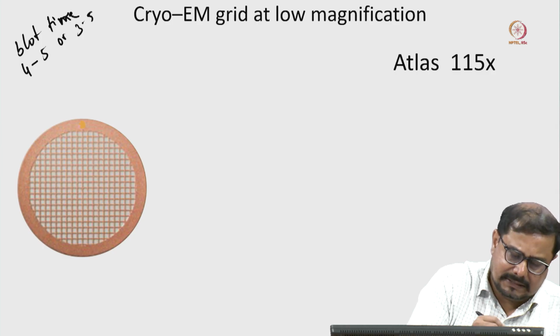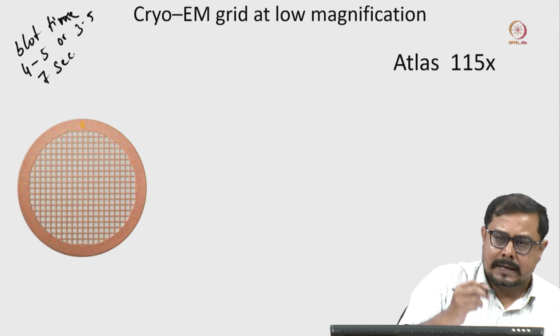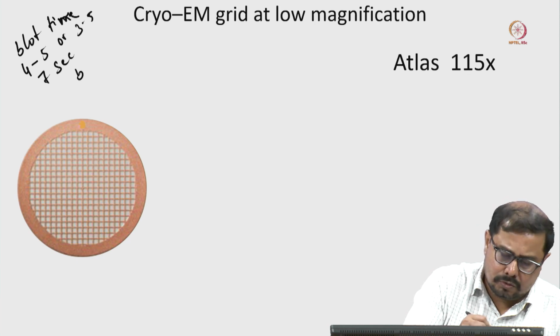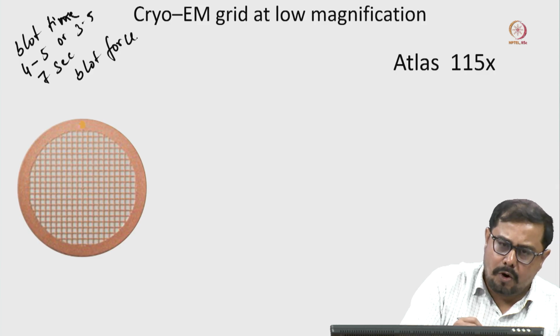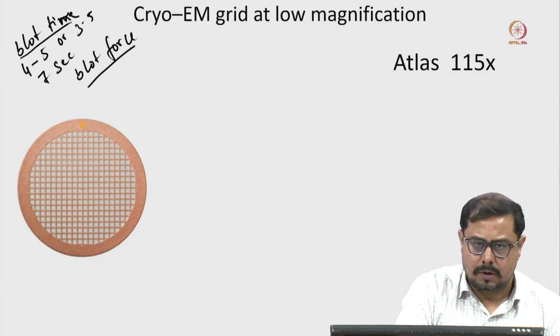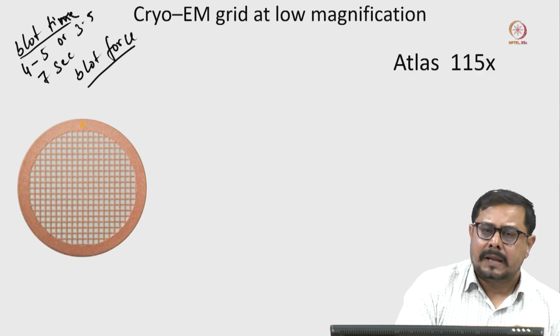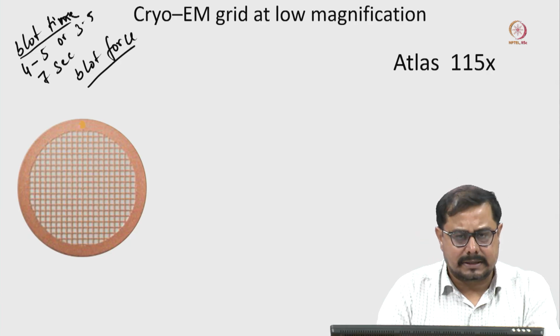In some cases people are using 7 or 8 seconds also. Then blot force. We also have to consider how much blot force you want, and those parameters we have to optimize when we freeze our sample.